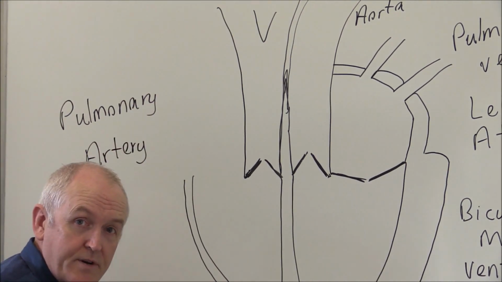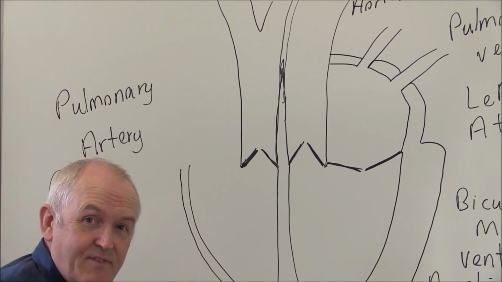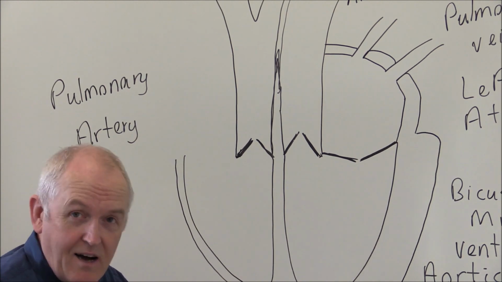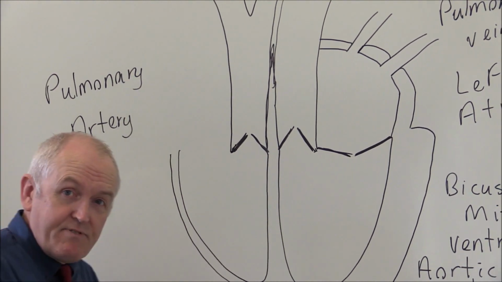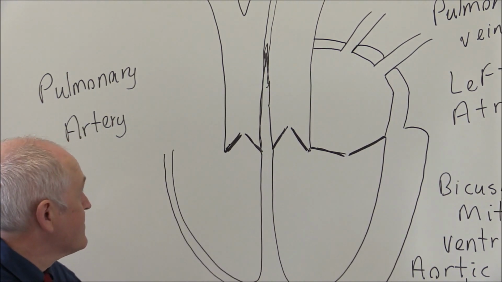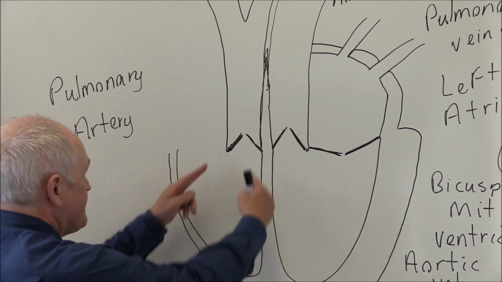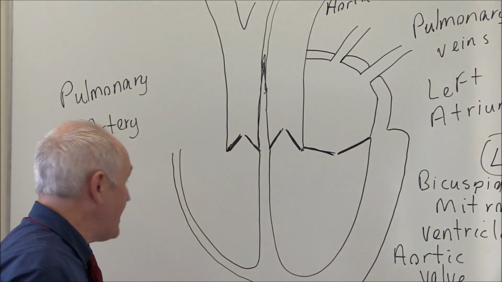We know that pulmonary means to do with the lungs. We know that an artery is any vessel carrying blood away from the heart. Therefore, the pulmonary artery is the artery carrying blood from the heart to the lungs. And we also notice this valve is pointing up the way, and this is the pulmonary valve.